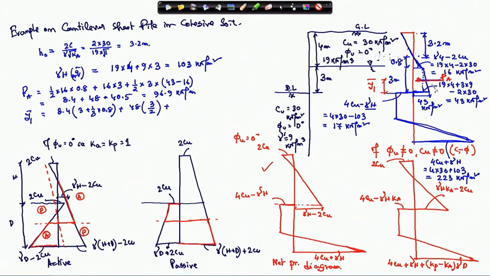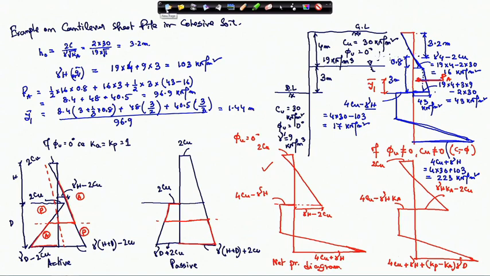Then the lower triangle, which is 40.5 into 3 divided by 3. The total is 96.9. So, this is 1.44 meter. So, y1 bar is 1.44 meter from the dredge level.